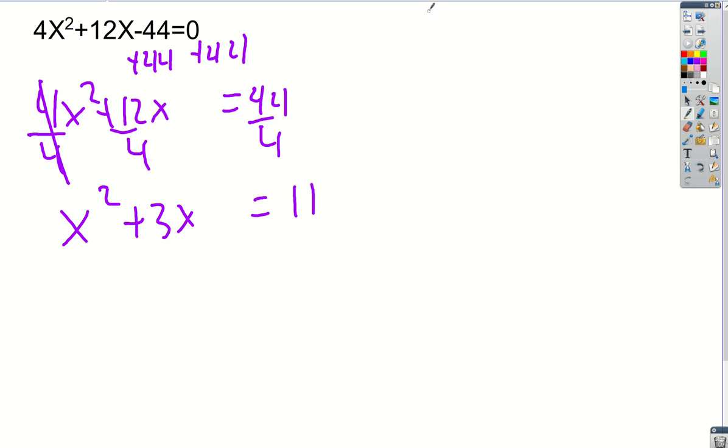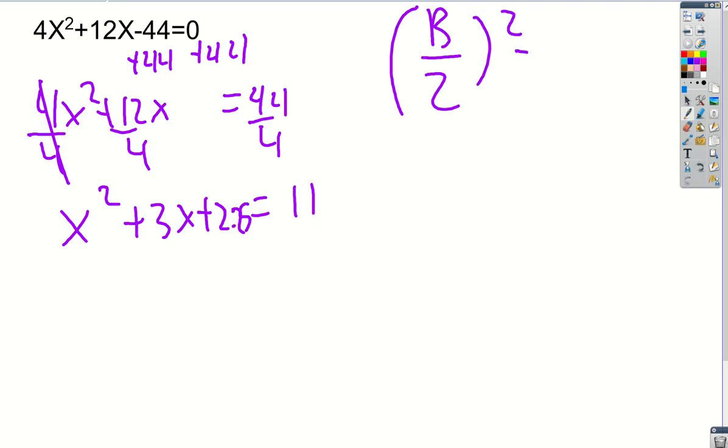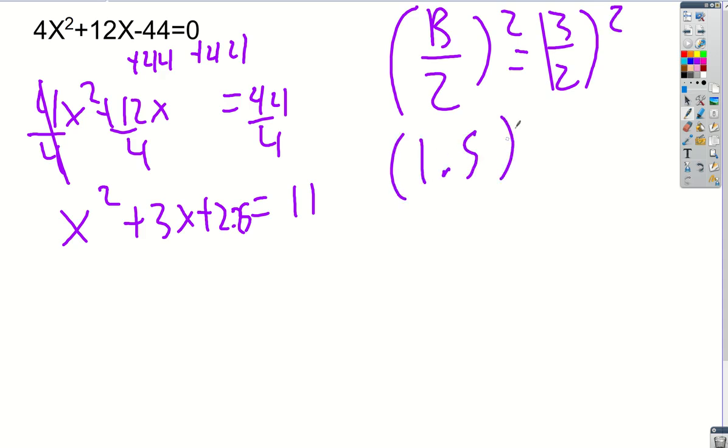So, again, my equation is b divided by 2, squared. Since b is 3, that gets me 1.5 squared, which is 2.25.